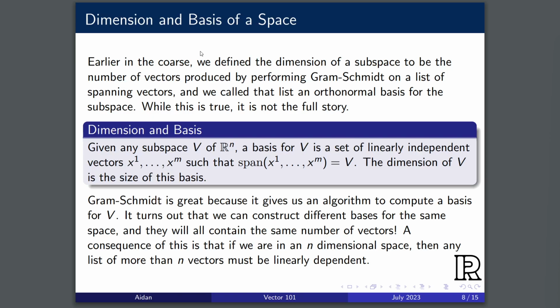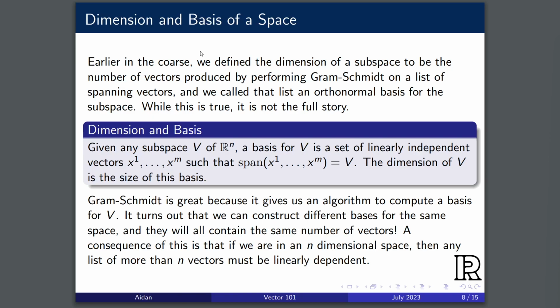So it turns out that you can define the dimension in a more general way. If I have a subspace of Rn, we'll call that subspace V, a basis of V is any set of linearly independent vectors such that the span of those vectors is equal to the subspace itself.